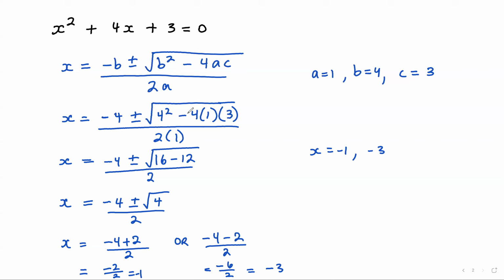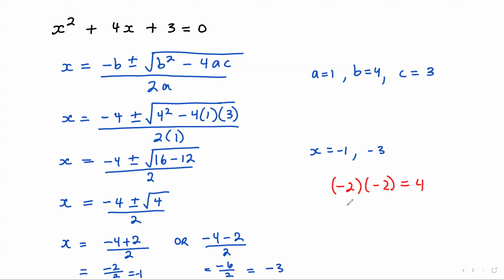Okay? So once you substitute that, now you may wonder, why is it plus or minus the square root? Well, it's because the square root of any number is actually plus or minus, right? So think about it. Negative 2 times negative 2 is equal to positive 4.